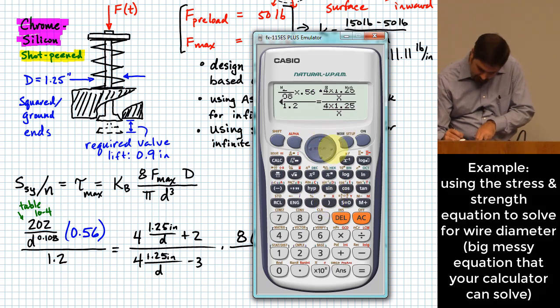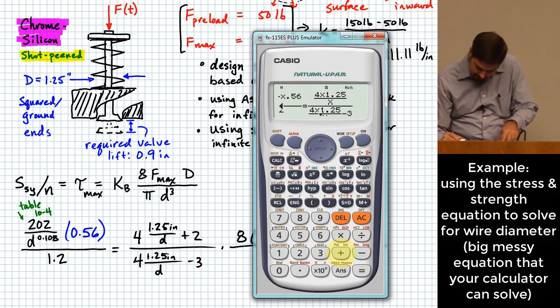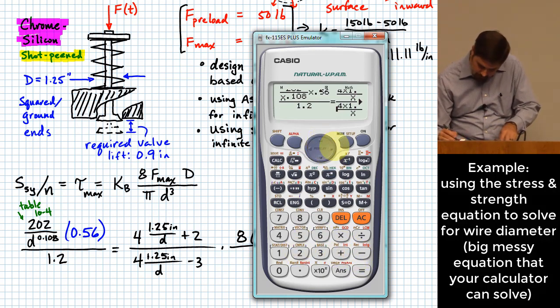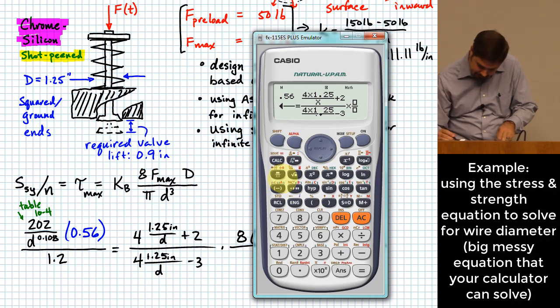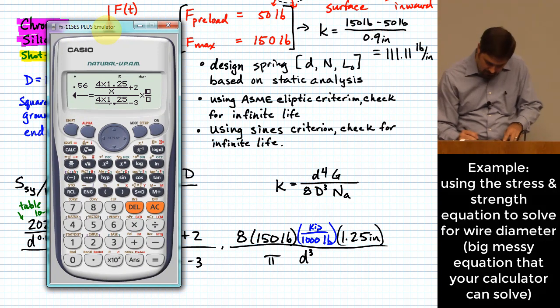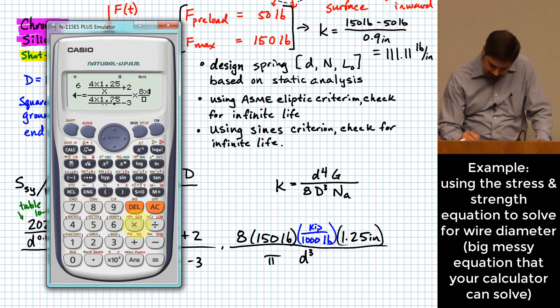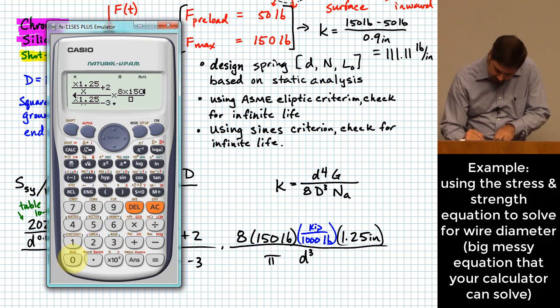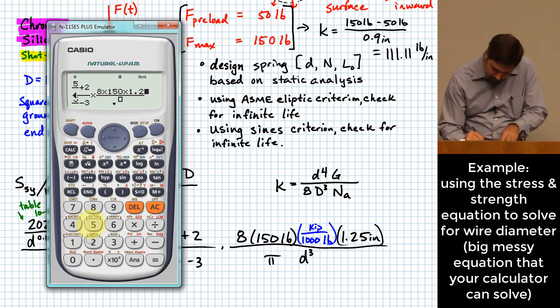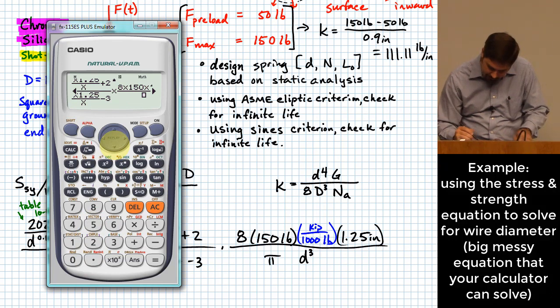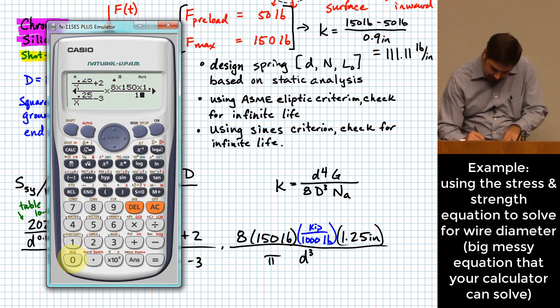In the denominator I take this and subtract 3. In the numerator I take that and add 2. Okay, so now take all of that and multiply it by another fraction, where I have 8 times 150 times 1.25, and then I divide all of this by 1,000 times pi.